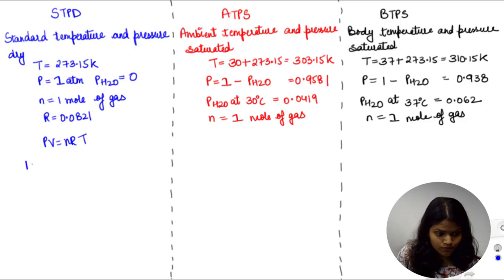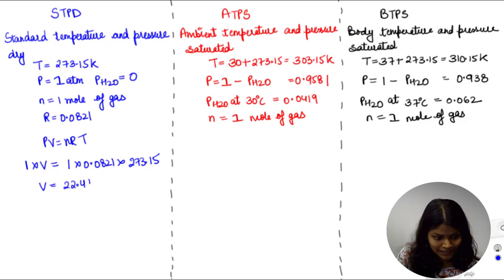Pressure we know is 1 atmosphere, volume we need to calculate, number of moles we know is 1, then we multiply 0.0821 into the temperature, which is 273.15, and from this you get the volume of the gas as 22.4 liters. So this shows that 1 mole of gas at STPD occupies 22.4 liters.